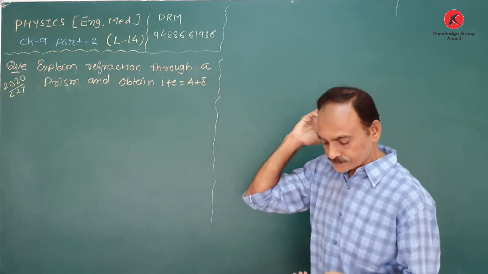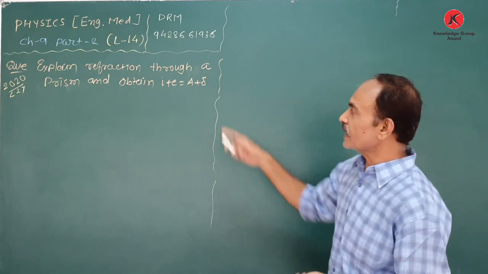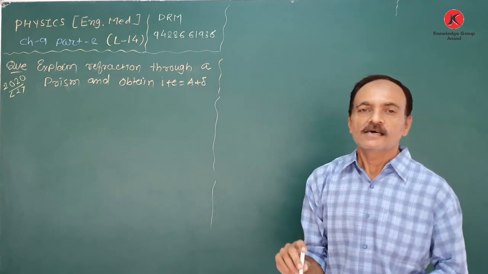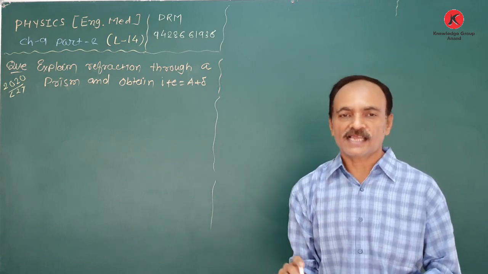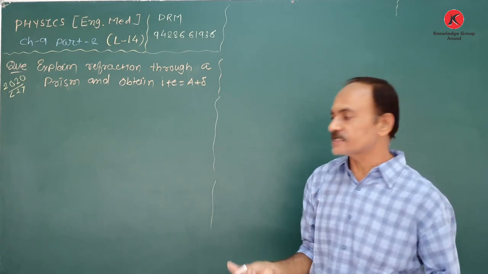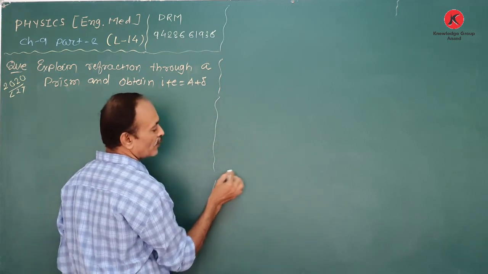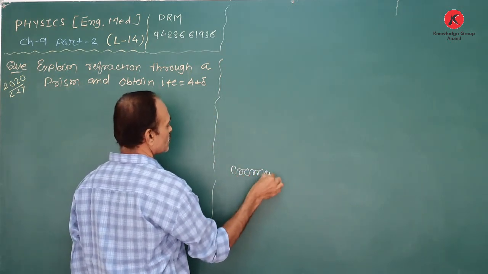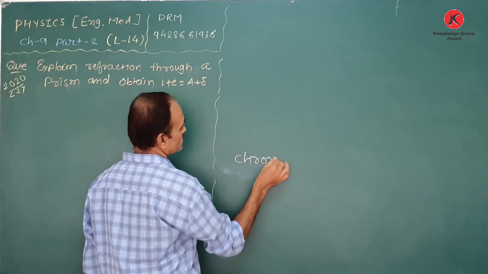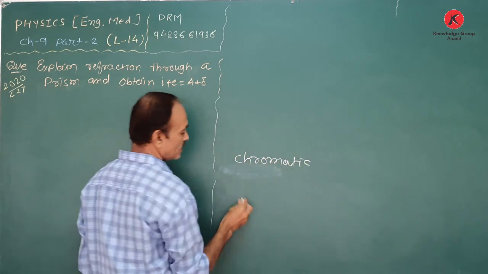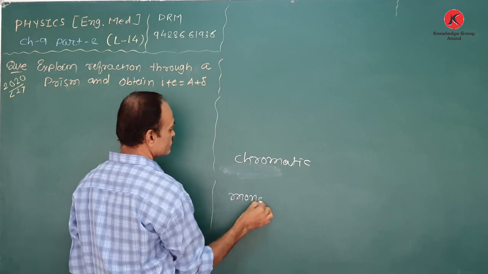Before starting the answer to this question, here in this chapter, ray optics, we are using light. Light is of two types: one is chromatic and the second is monochromatic.